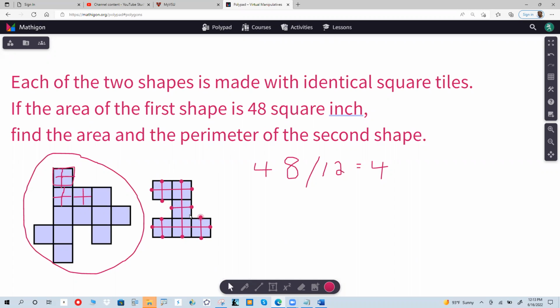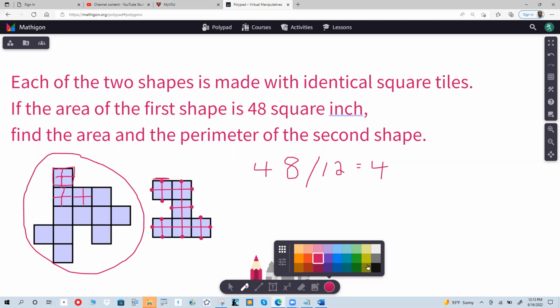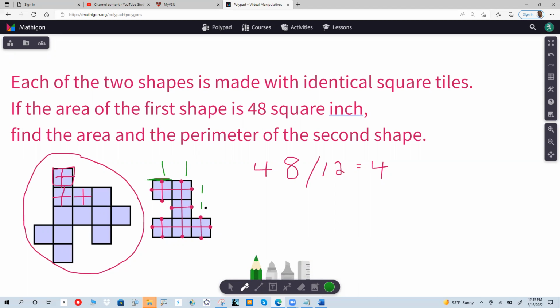So what's the area? They want us to find the perimeter. Well, that's not too bad. How many are there? So the way I'm going to do it, instead of counting the little ones, this is 2. Let's change the color. So this is 2. Instead of counting by 2, I'm going to count each edge once. 1, 2, 3, 4, 5, 6, 7, 8, 9, 10, 11, 12, 13, 14.